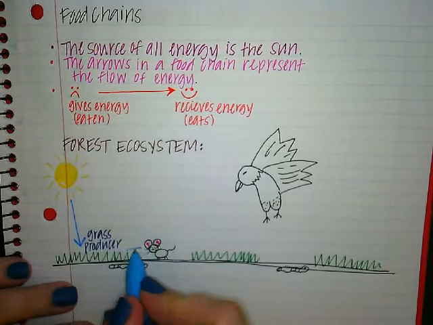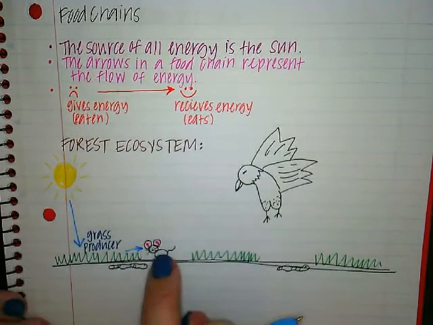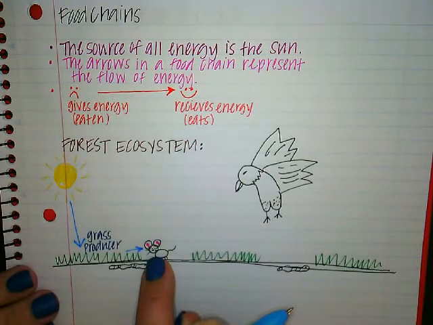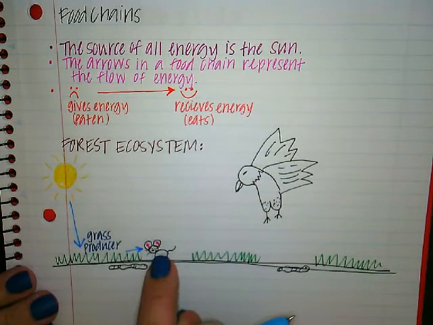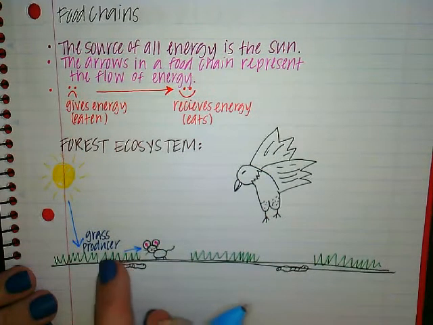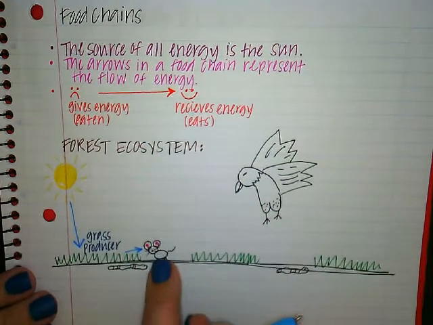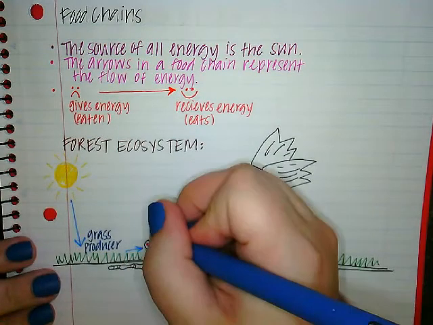So then we have to figure out who eats the grass. We're going to say our mouse eats our grass. Remember that our arrows are pointing to the organism receiving the energy. So it's away from the thing getting eaten towards the thing doing the eating. I like to think of it as the arrow shows whose mouth it goes in. The grass goes in the mouse's mouth.